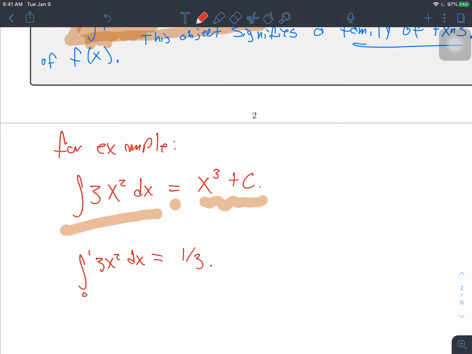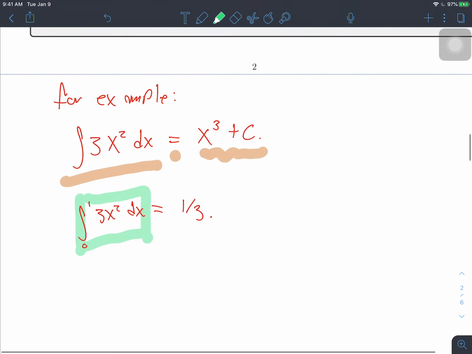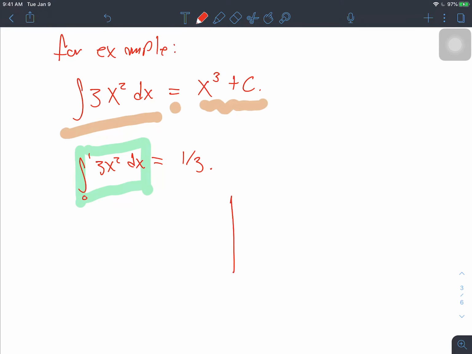So, maybe I should remind you really quickly what this even meant, the green thing. If I have 3x squared, it looks something like this. And here's 1.